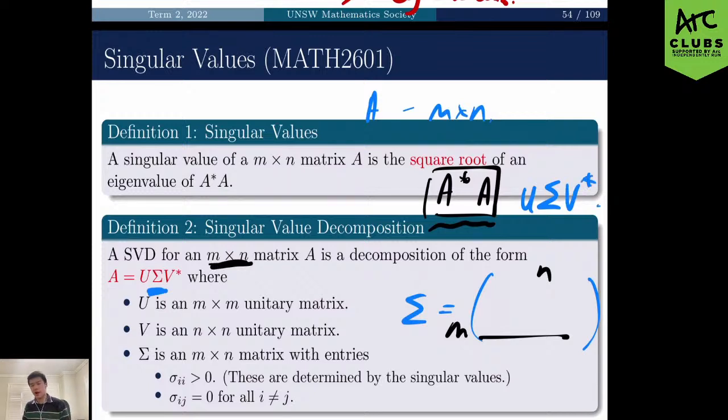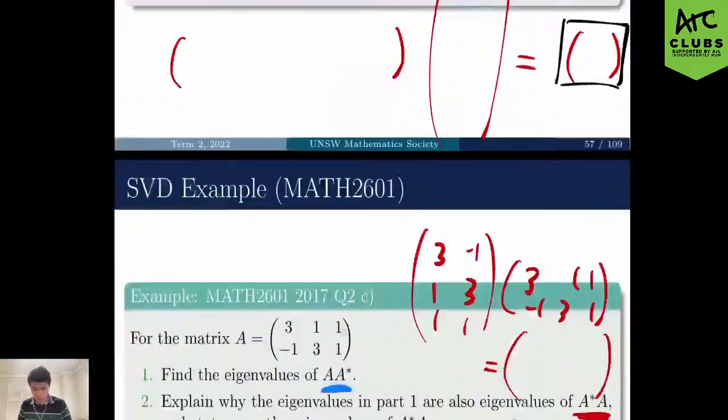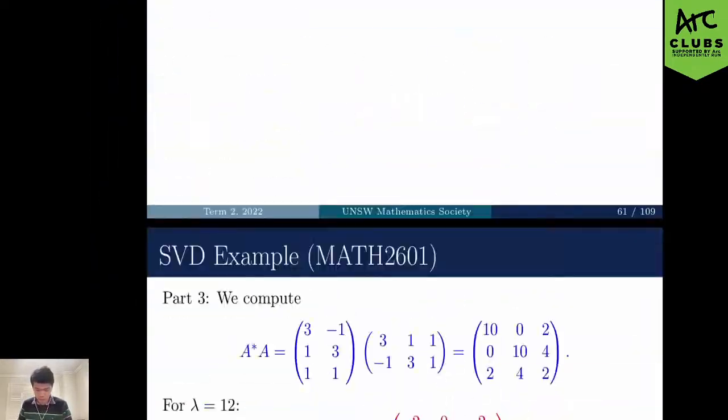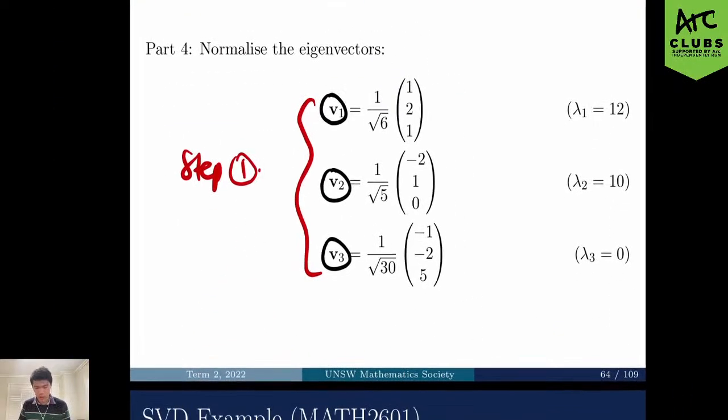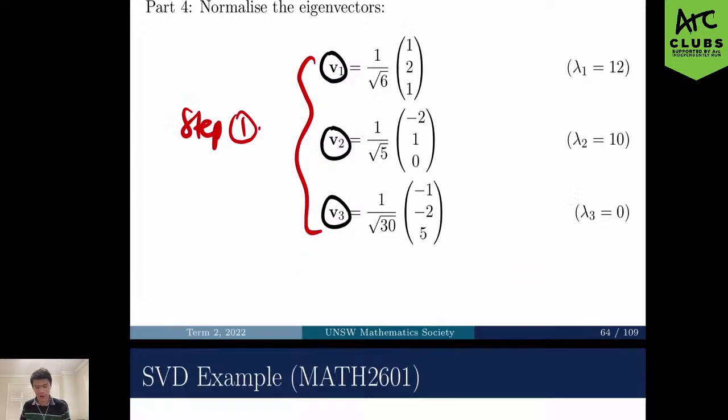So already we have our columns of V. Cool. And that's step number 1. We've got our columns of V.